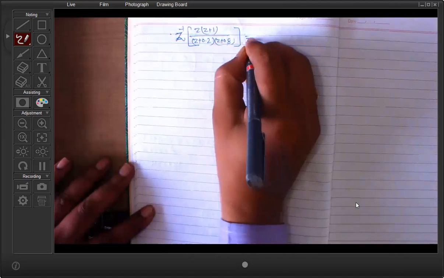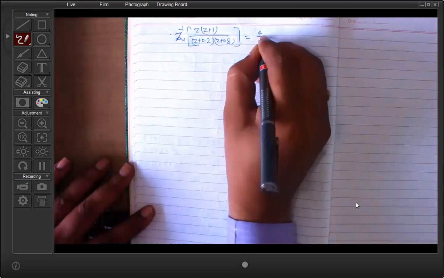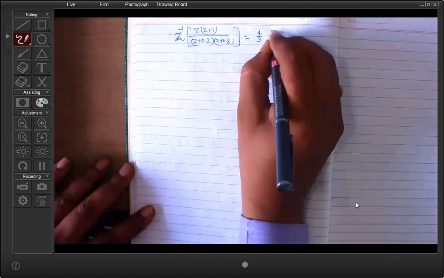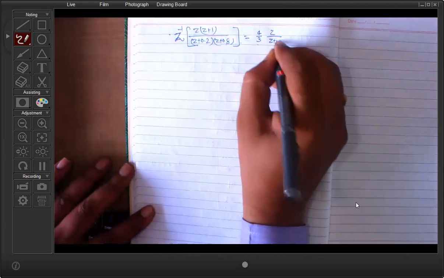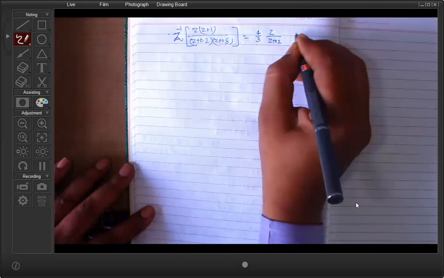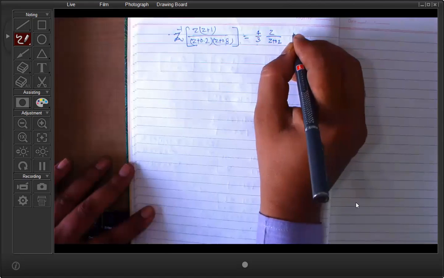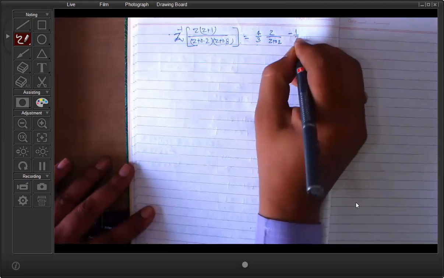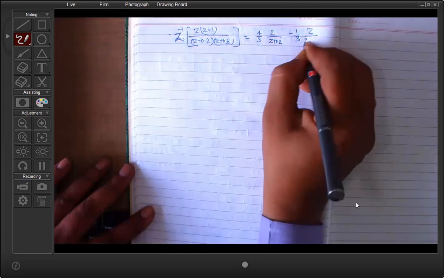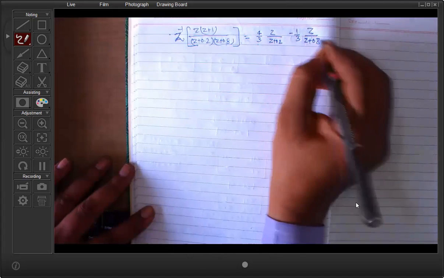So here two factors will come: 4 by 3 z by z plus 0.2 and minus 1 by 3 z by z plus 0.8.